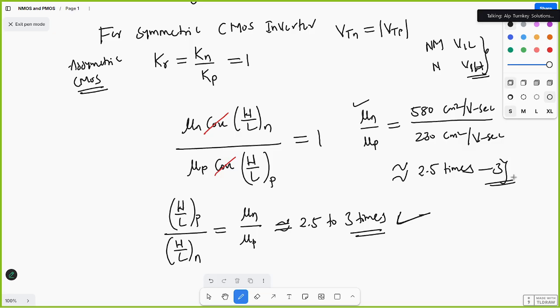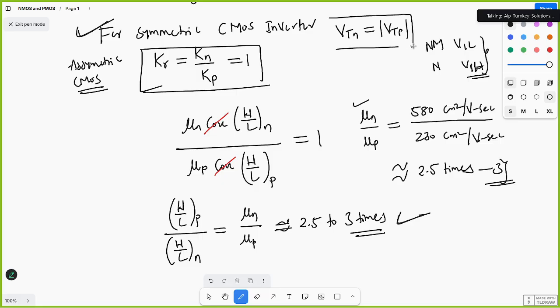If you consider a symmetric CMOS circuit, the assumptions are that KR is Kn by Kp and both threshold voltages are equal. Substituting, you get 2 to 3 times more. Is it fine now? Shall I move forward? Yes, sir.